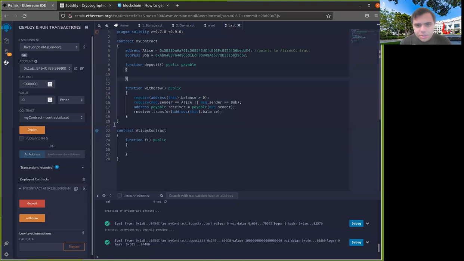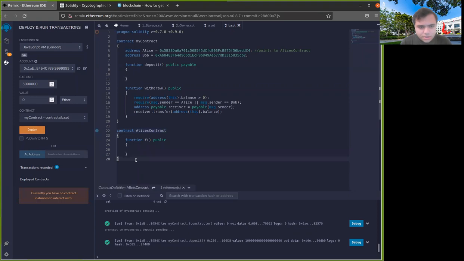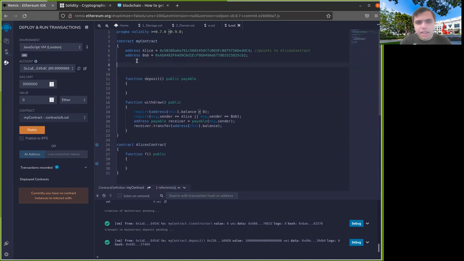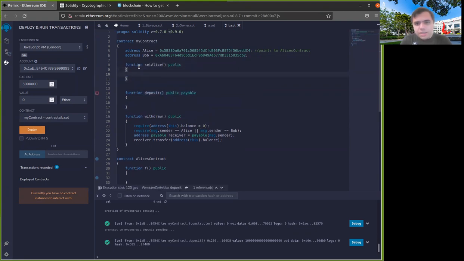Okay, but before doing that, let me actually remove this. Just for the sake of this example, let's say that I have a function called setAlice, and let's say it's public. Again, this is not a great idea, but I'm just doing it as an example. That takes some address A, and it sets Alice to A. Okay.